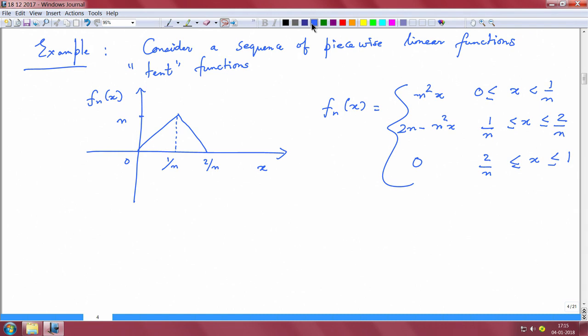So now let us investigate how f_n(x) behaves pointwise over the interval 0 to 1.